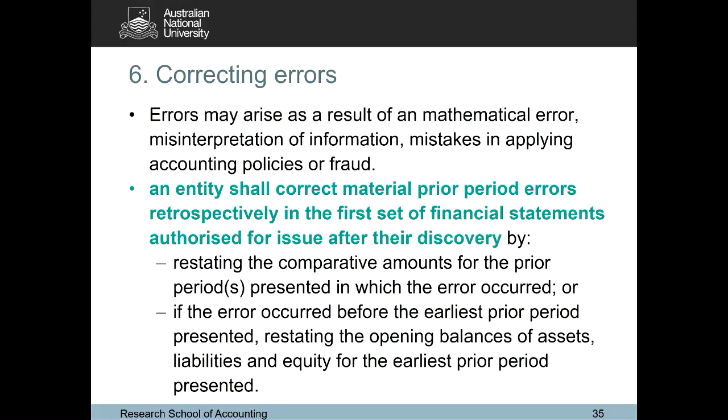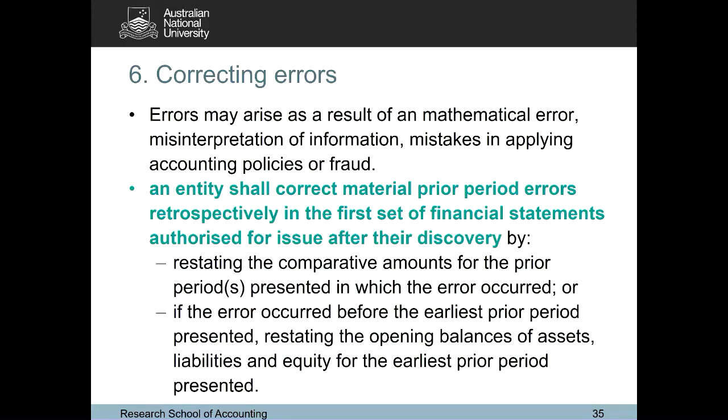An entity shall correct material prior period errors retrospectively in the first set of financial statements authorized for issue after their discovery. If I'm preparing the current year financial reports and I discover last year I made some mistakes, this year is the first period I discovered the problem, then I will correct it in this year.